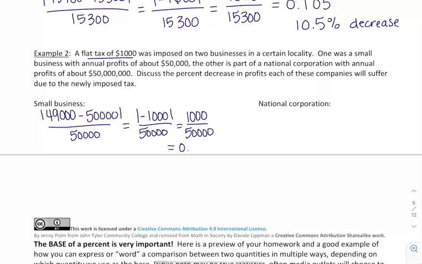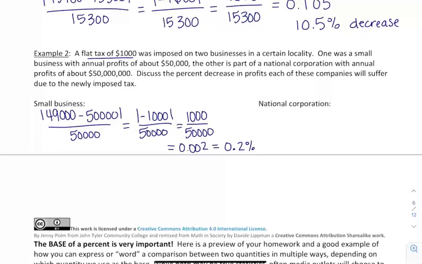And that is 0.002. And we get 0.2%. The national corporation, on the other hand, is losing $1,000 out of their $50 million.